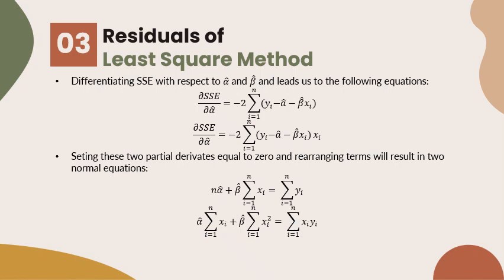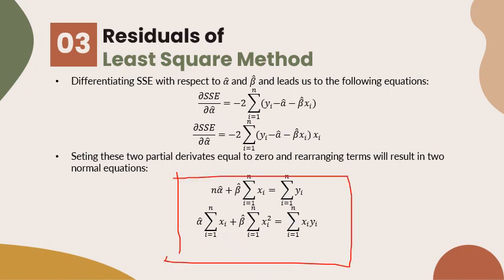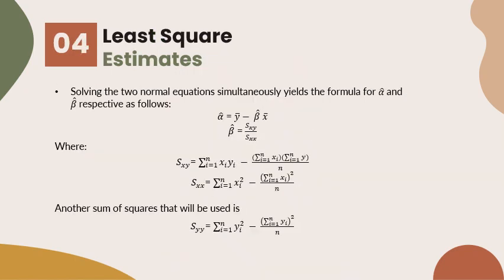Setting these two partial derivatives equal to 0 and rearranging terms results in two normal equations, which are the equations we have here. Then, solving the two normal equations simultaneously gives the formulas for alpha hat and beta hat respectively.